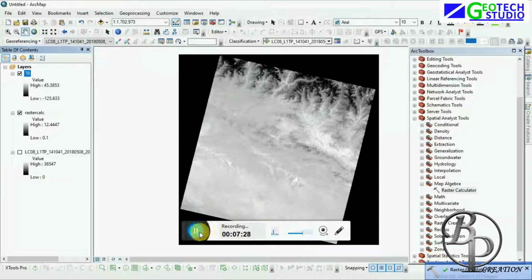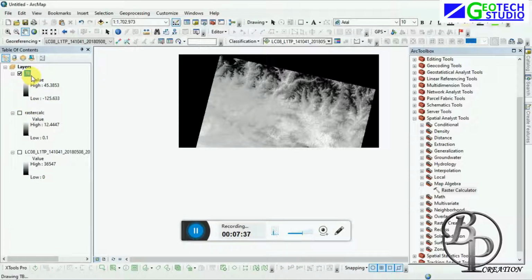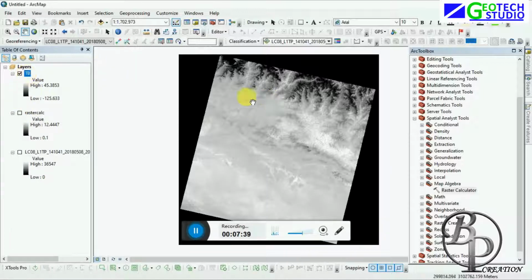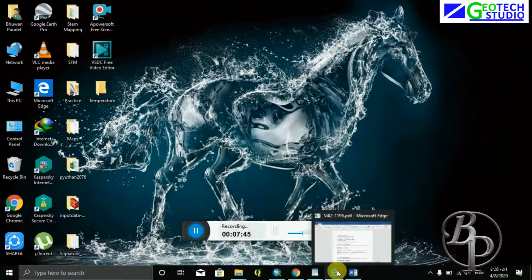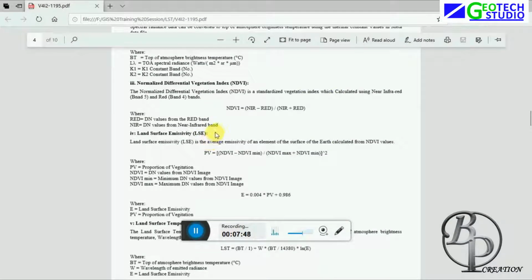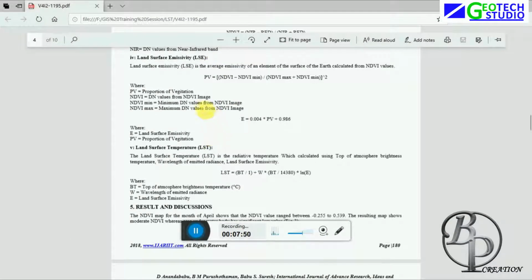Here we can see. Now after this we have to calculate the normalized differential vegetation index, that means NDVI. For that we have to add band 4 and band 5 from our Landsat data.